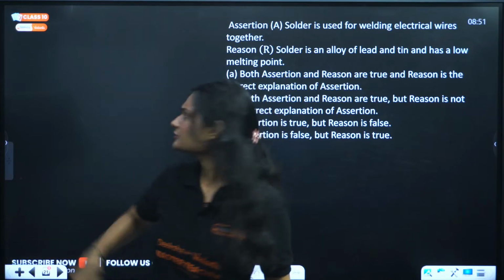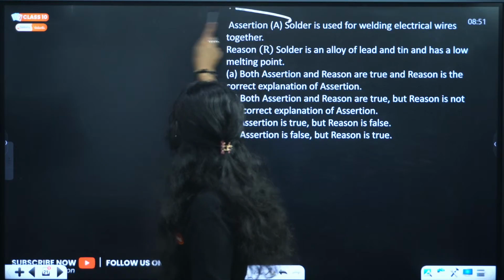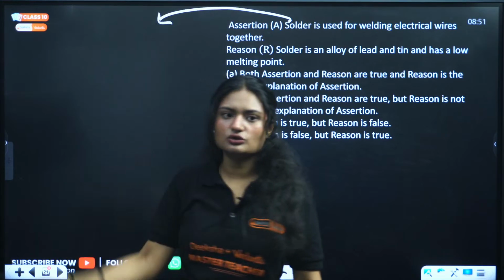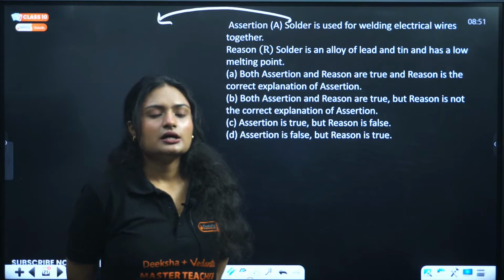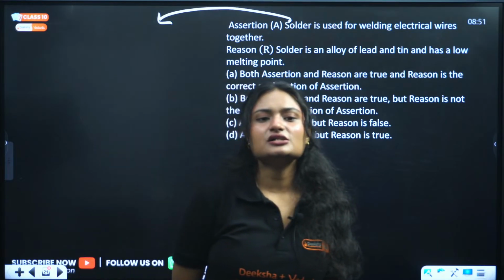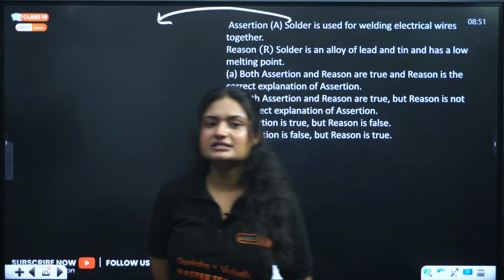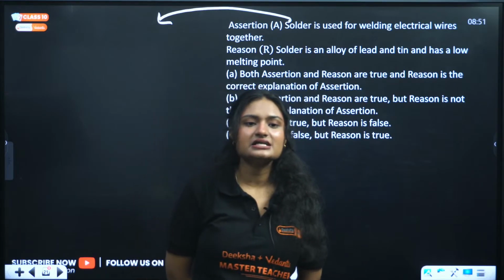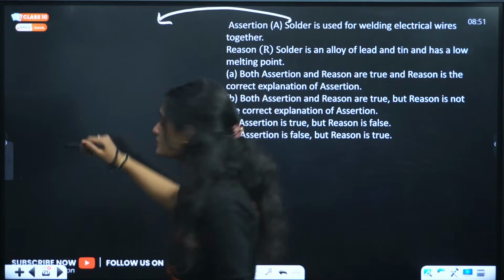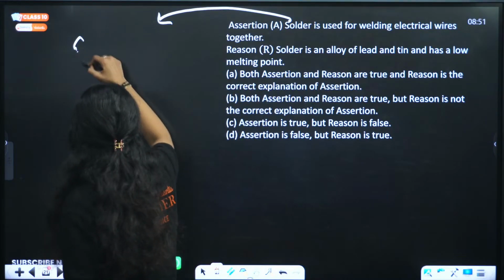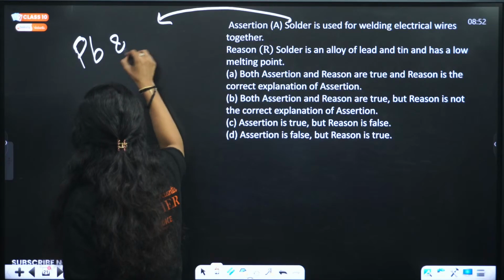What is solder? Tell me what solder is made up of. Which metals alloy is solder? Two metals. The reason is solder is an alloy of lead and tin and has a low melting point. Yes, solder is an alloy of lead and tin.